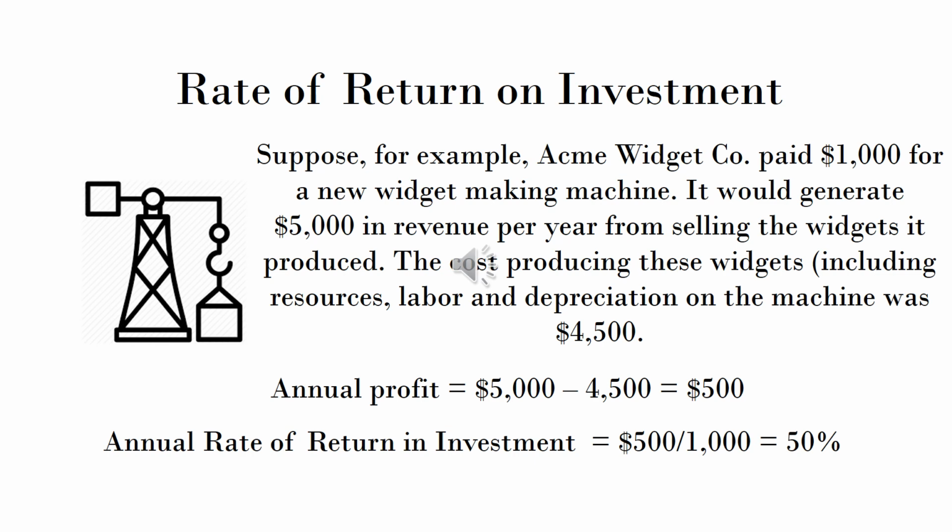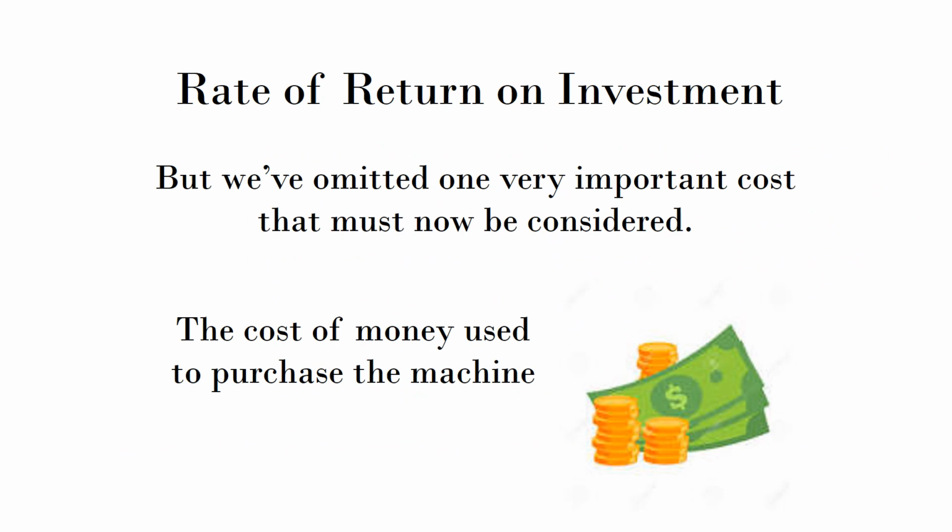The annual rate of return on the machine would therefore be $500 divided by $1,000, 50%. But we've omitted one very important cost that must now be considered, and that is the cost of the money used to purchase the machine.